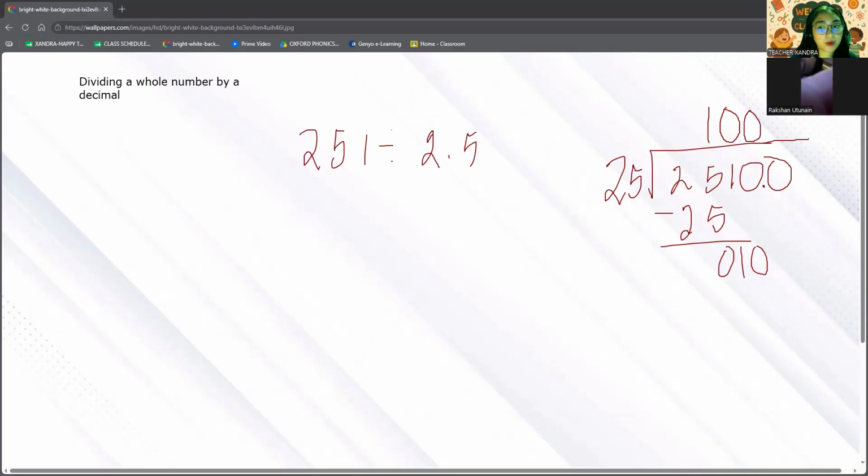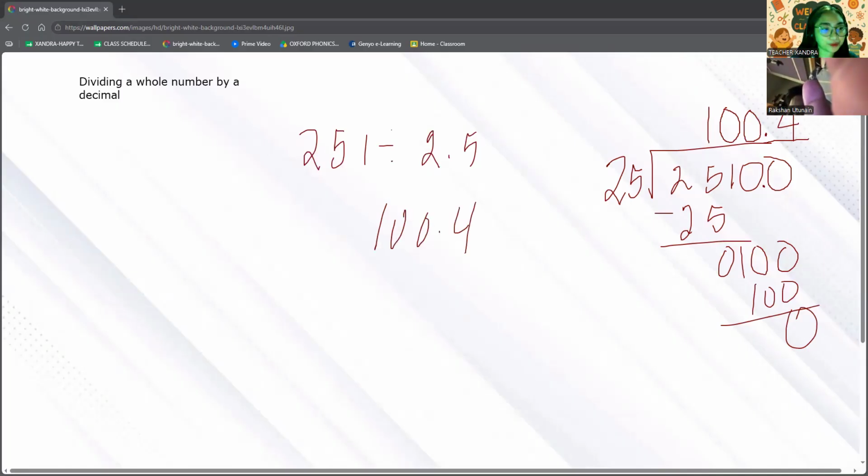So this is a decimal point now. And then bring down 0. So 100 divided by 25. 2, 3, 4. So 4 times 25 is 100. So it's 0. So 251 divided by 2.5, the answer is 100.4.